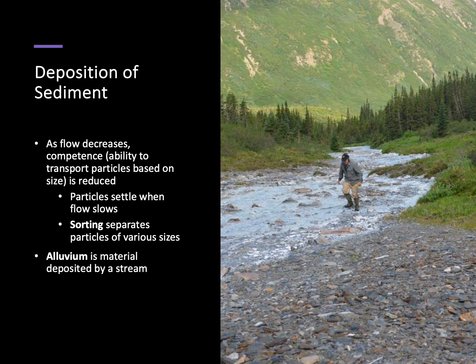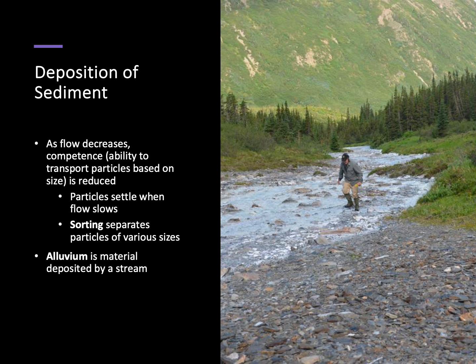But as our stream starts slowing down, we're going to see that the competence is reduced. That sediment is going to start being deposited, and the river is going to start depositing the larger, heavier sediments first. And this is going to lead to something that's called sorting. As rivers progress downstream, we'll see different sized sediments.